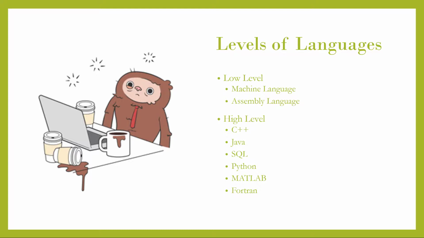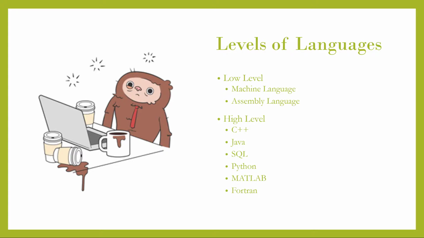High-level languages are more like speaking languages. They work more with English. They're more user friendly. They can also be more efficient than assembly code because one line can do multiple lines of assembly.